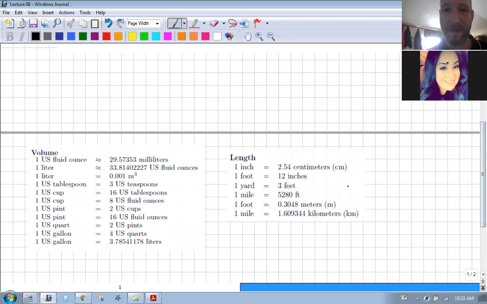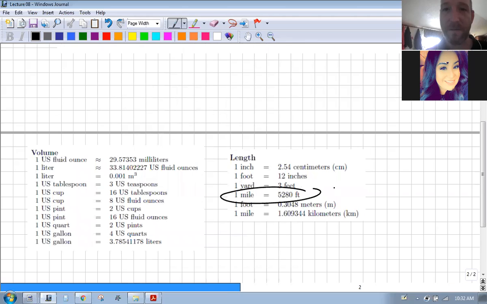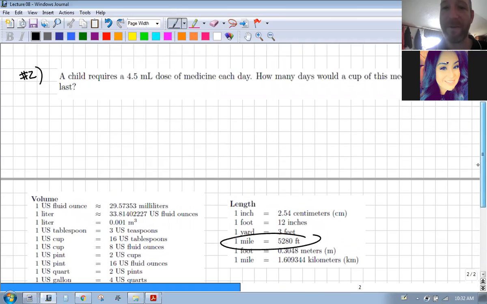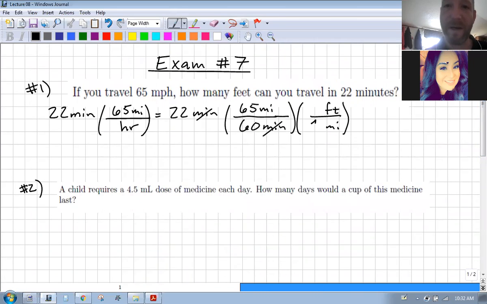And if we look down here, it's 5,280 feet make a mile. So 1 mile is 5,280 feet. So notice we've taken minutes and we've converted it to feet.